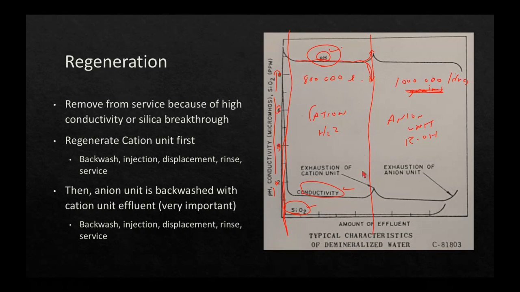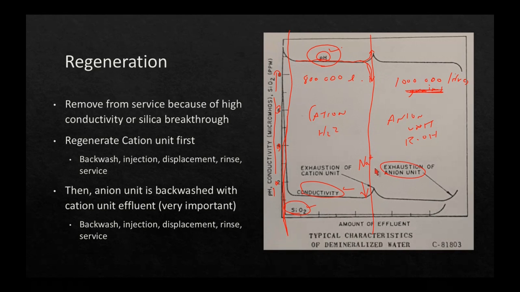What happens at that exhaustion point, where it's starting to show some free mineral acidity drop off, is that some sodium ions are not being exchanged. You'd expect them all to be exchanged, but these particular sodium ones aren't.